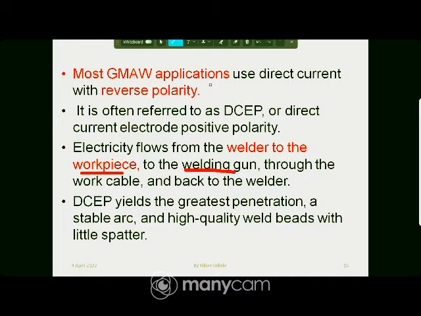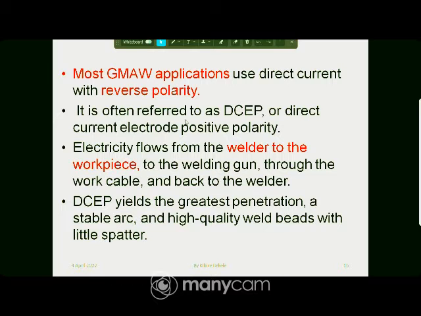Why we select straight polarity or reverse polarity is because there are different advantages. The positive pole always has high heat. So in different cases, we need direct current electropositive, and in some cases direct current electronegative.